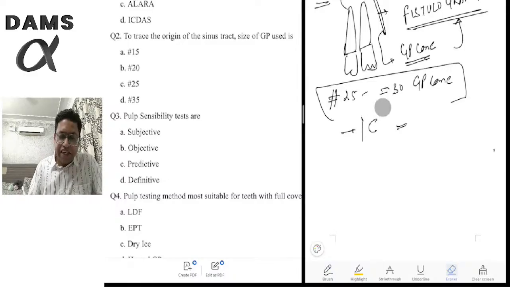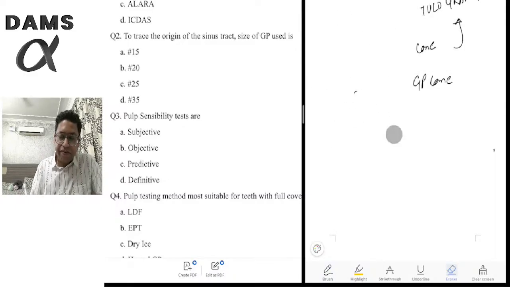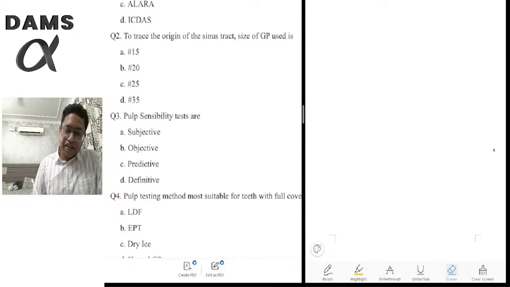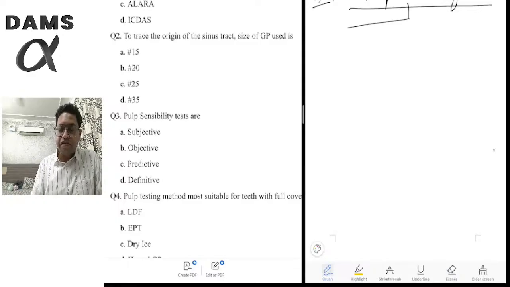The pulp sensibility tests are subjective, objective, predictive, or definitive. Pulp sensibility tests, they are... Now, please do not get confused. Although the pulp sensibility tests are conducted by the clinician, they consist of two types of tests, the thermal testing and the electric pulp testing.